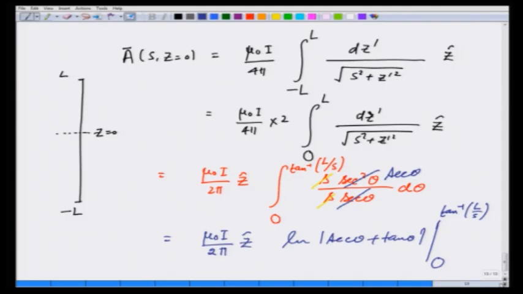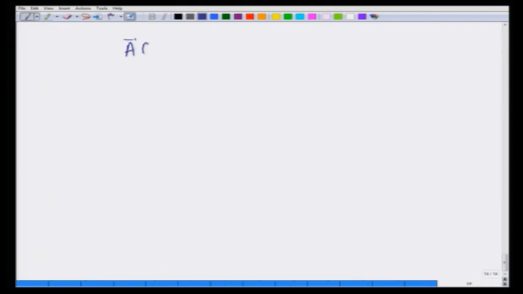At 0, tangent theta is 0, secant theta is 1. So, that gives me 0, and so A at s, z equal to 0 comes out to be mu naught I over 2 pi in z direction log of, tan inverse L over s, tangent of that gives me L over s, plus square root of 1 plus L square over s square, which is the secant theta.